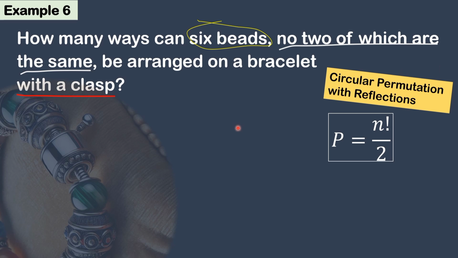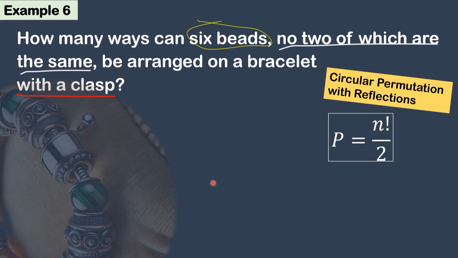When arranging the 6 distinct beads on a bracelet with a clasp, the clasp fixes a position, which removes rotational symmetry but still considers reflections. That's why we arrange all of the objects, the 6 beads, so that is 6 factorial.